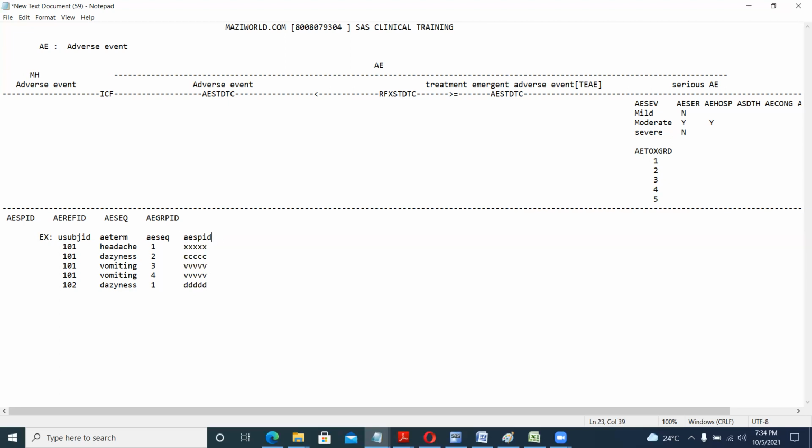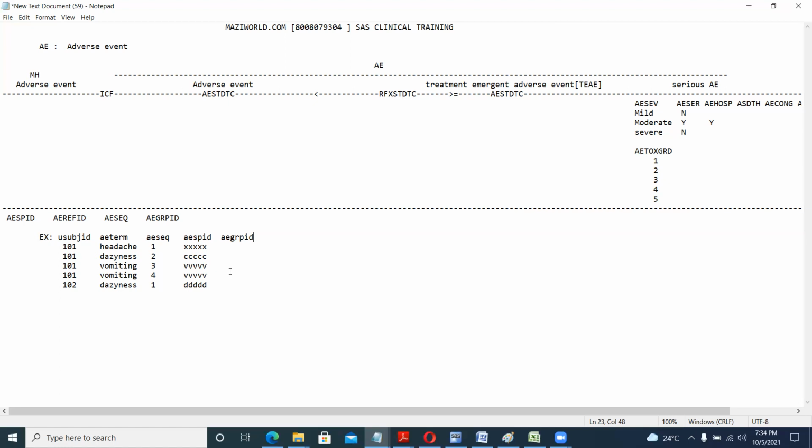The next scenario is another variable called AEGRPID. What do you mean by AE group ID? In the AE group ID, I will target the USUBJID and a combination of variables. In subject 101, there are 4 records. In the adverse events, how many repeated adverse events are there?